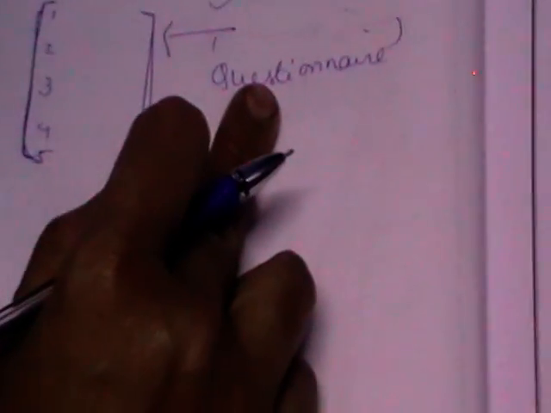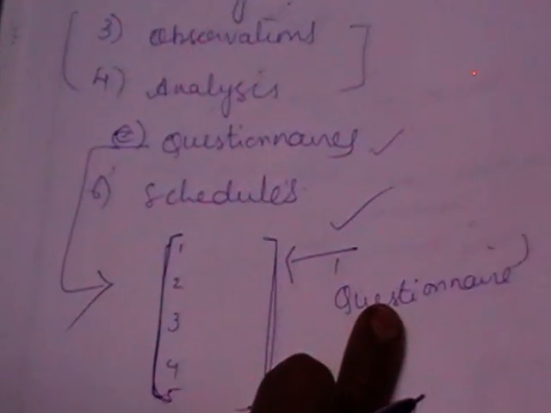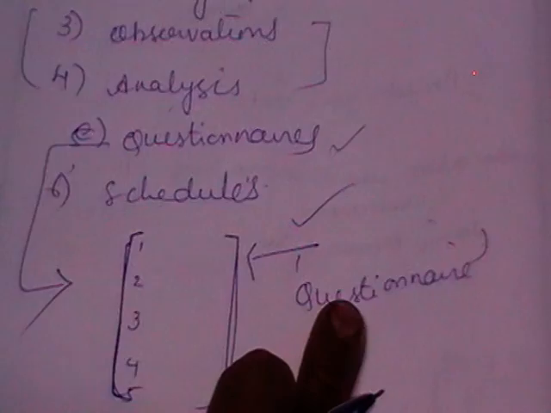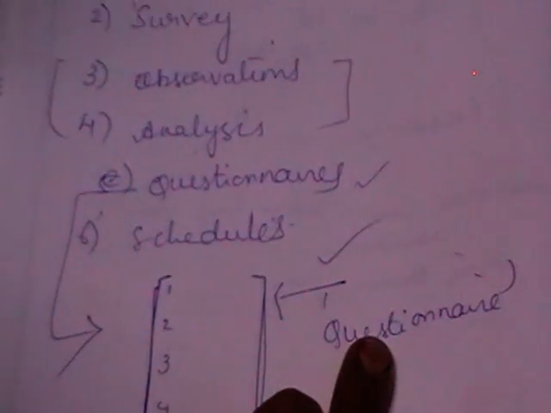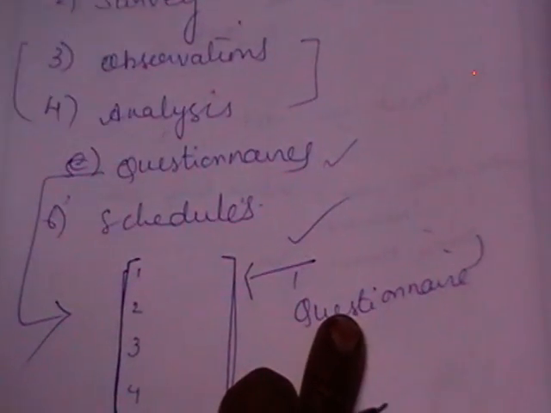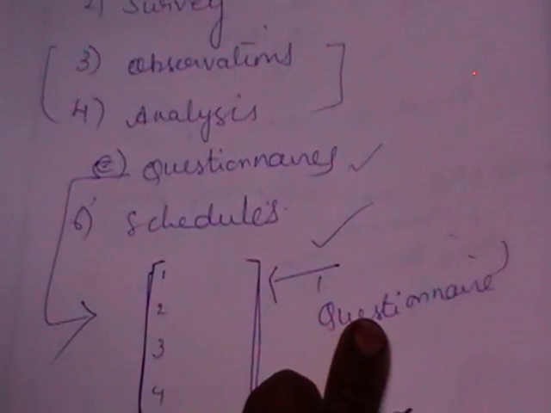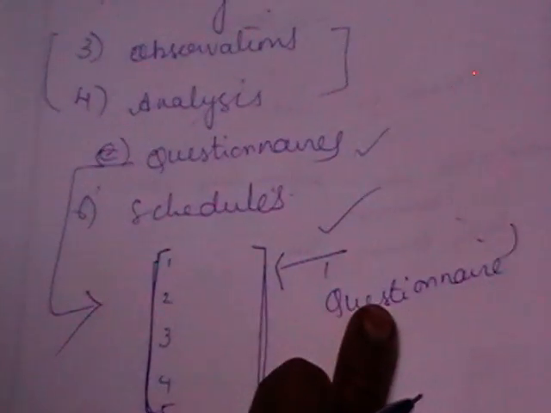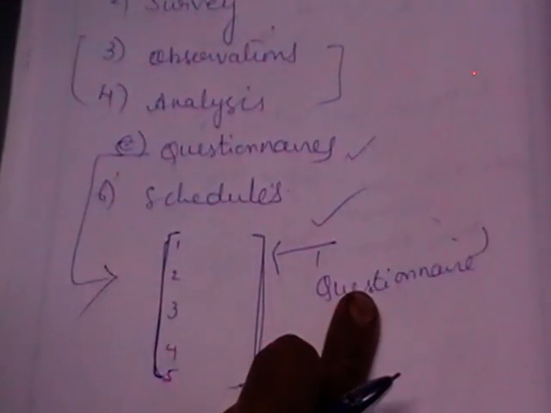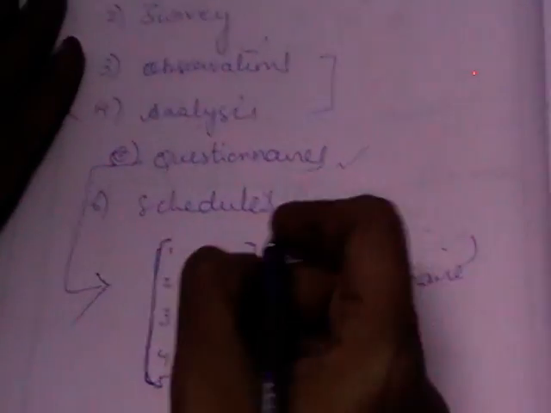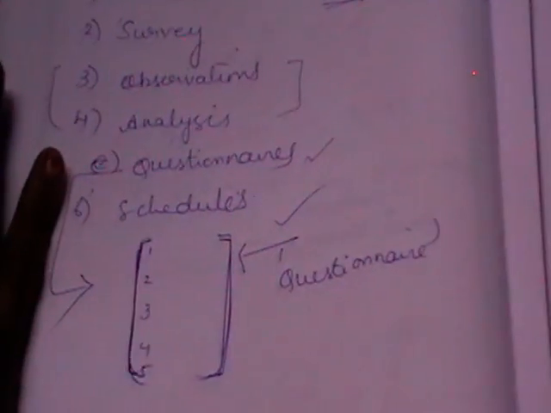I'll give you a good example. You have come across this when you visit a shopping mall, or when they launch a new product, they need a response from the customer. In such a case, they give you a form which consists of a list of questions regarding the product.